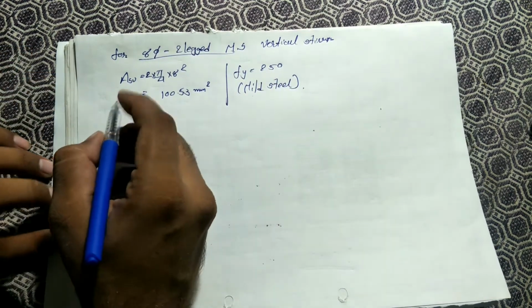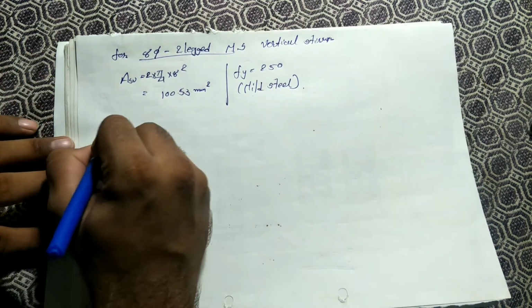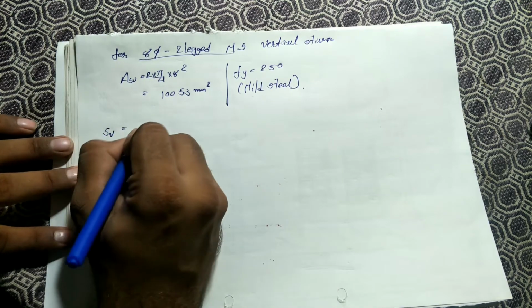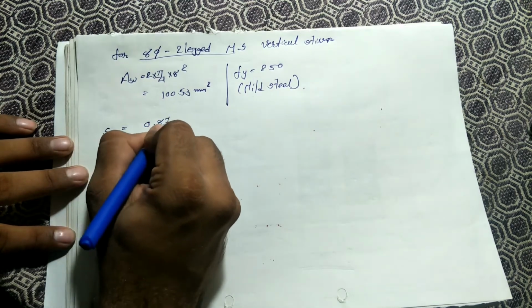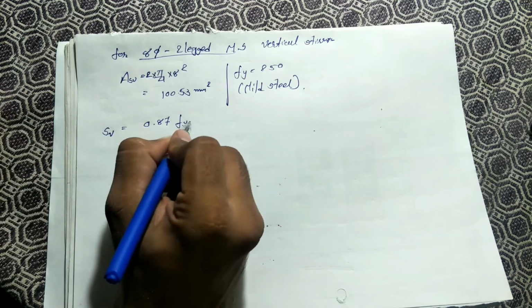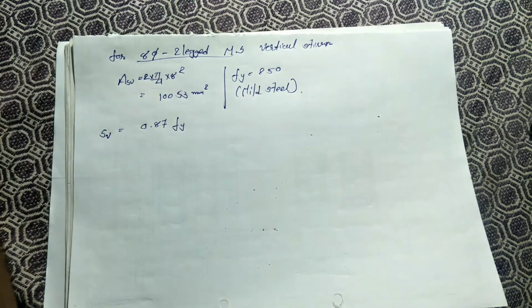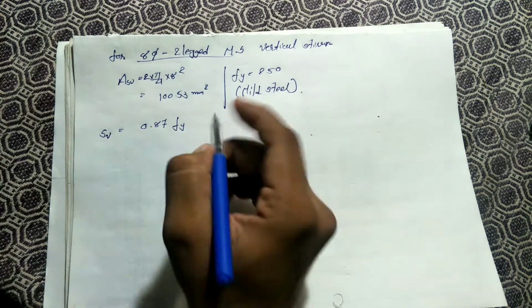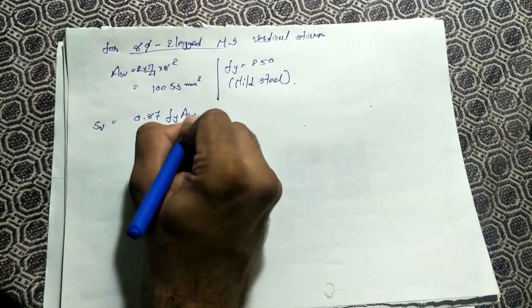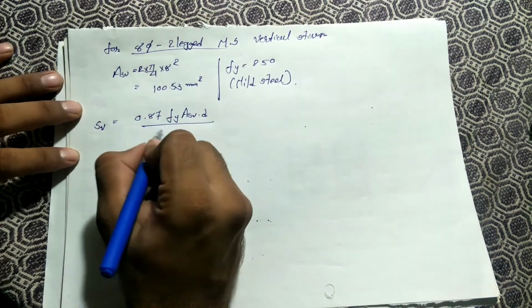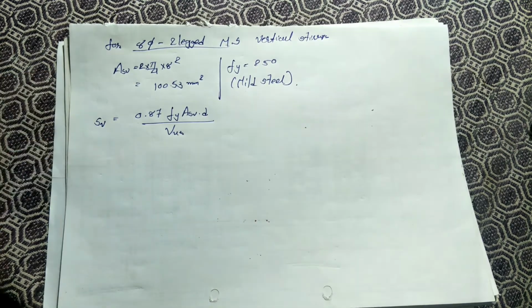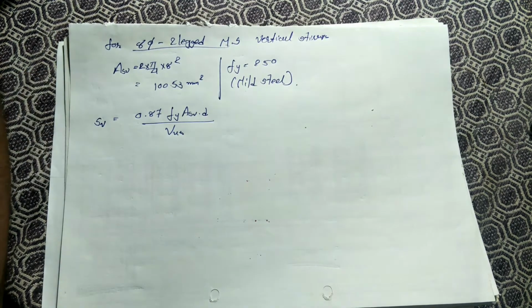Okay, so the Sv equation is given. That is 0.87 fy Asv into D divided by VUS.